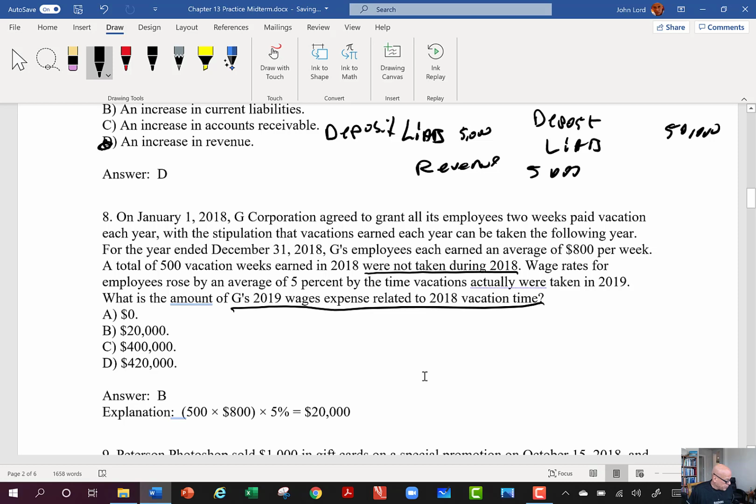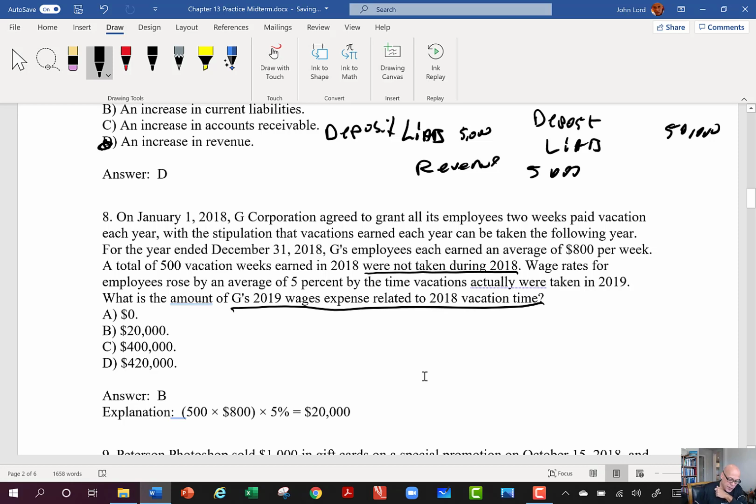Okay, well, first, let's figure out what the amount of vacation is here. You're going to get to watch me calculate this as I go because I made the mistake of calculating it on my calculator and then not writing any of it down. But that's fine.